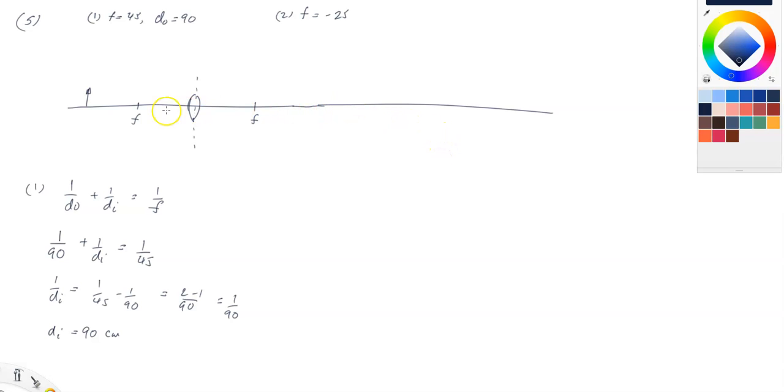Okay, so if this is 90, that image is going to be over here, 90 centimeters from it. We know that it's going to be upside down. We can prove that using magnification: negative di over do, negative 90 over 90, negative 1. Negative means upside down, 1 means same size. So here we have the image.